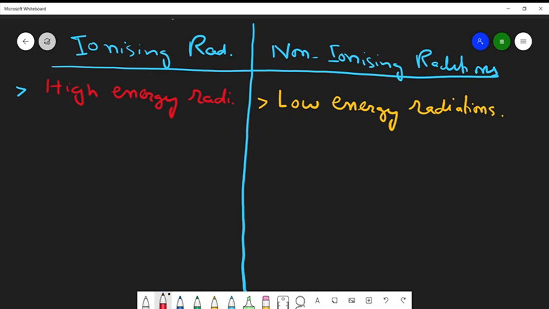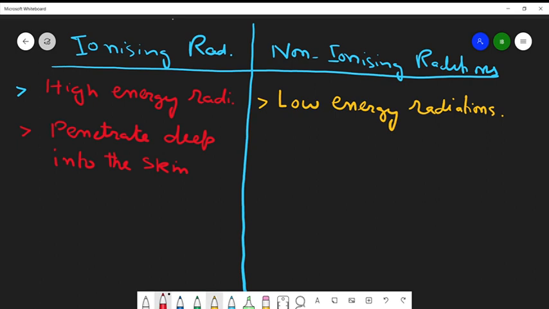Ionizing radiations can penetrate deep into the skin. They can go beyond the dermis of the skin and can cause damage within the cells.